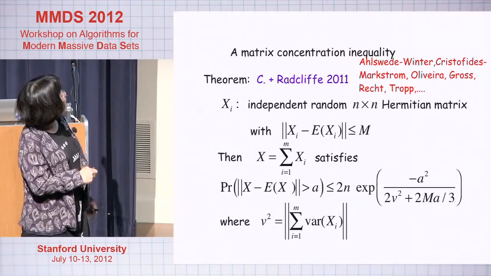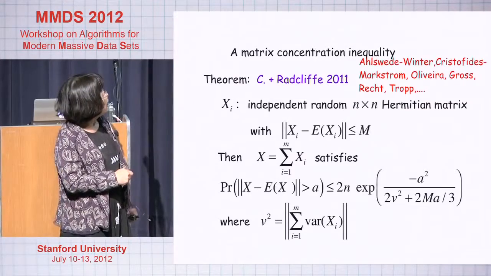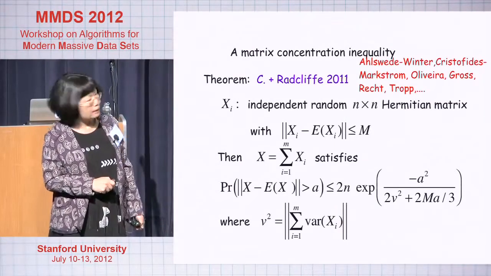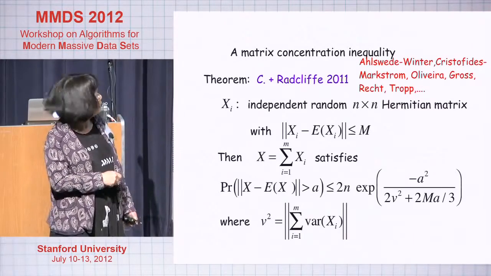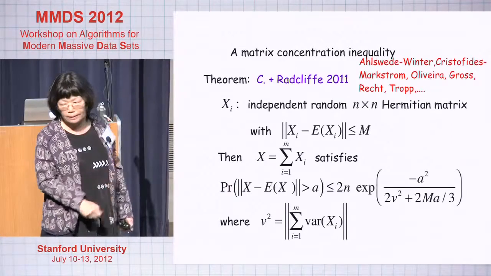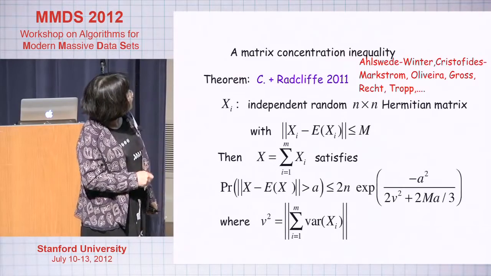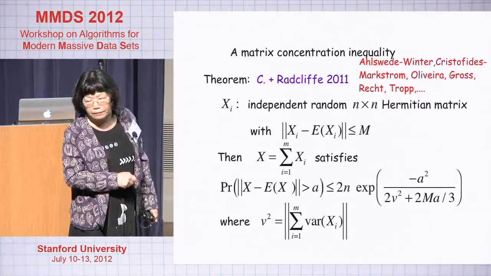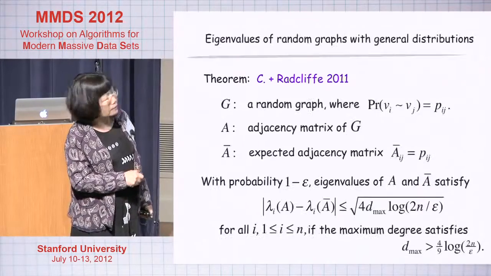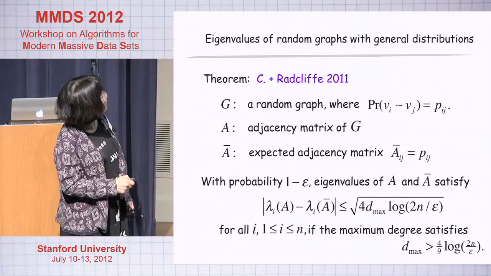If I sum up many of them, m of them, I would like to get a Chernoff type of inequality in terms of the variance. Here I'm always taking the spectral norm. Remember, all these are matrices, and the norm is the spectral norm. If I do that, I almost get the same Chernoff inequality, except that here the dimension of the matrices comes through.